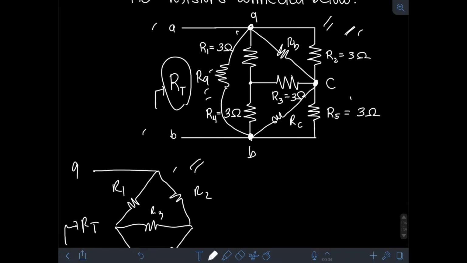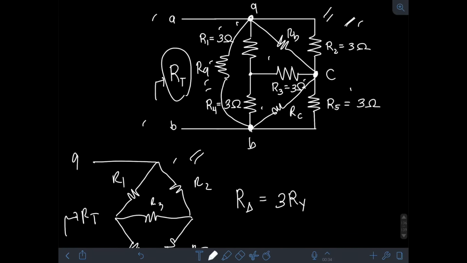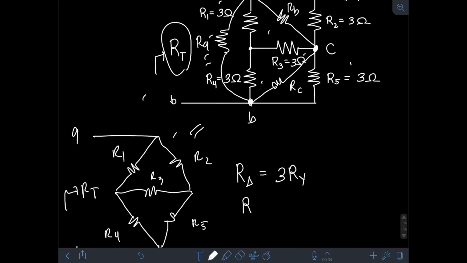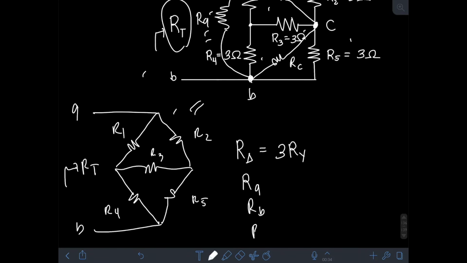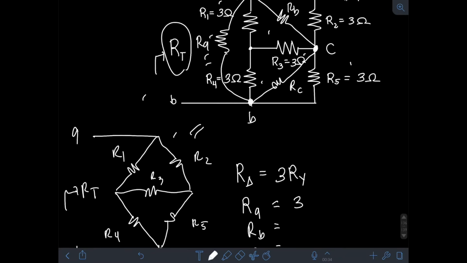Since all the resistors in the Y network are equivalent to a single value, which is 3 ohms, we can apply the special case formula for the conversion. What is that? The R delta resistor is equivalent to 3 Ry, right? So each of our delta resistors RA, RB, and RC is equivalent to 3 times the single Y resistor, which is 3 ohms.